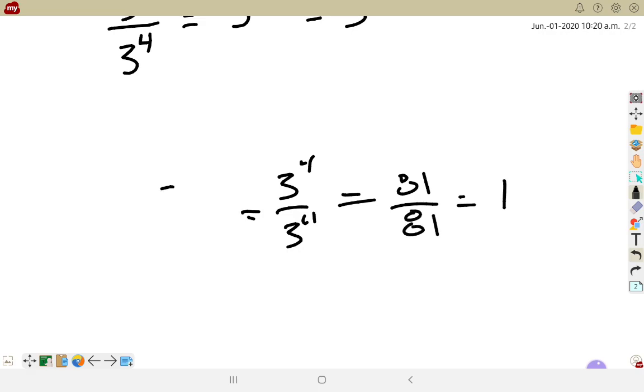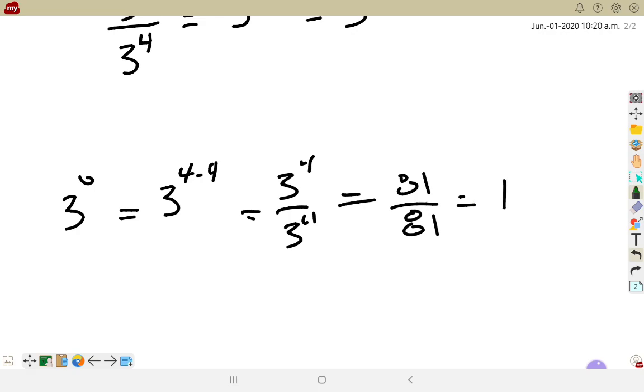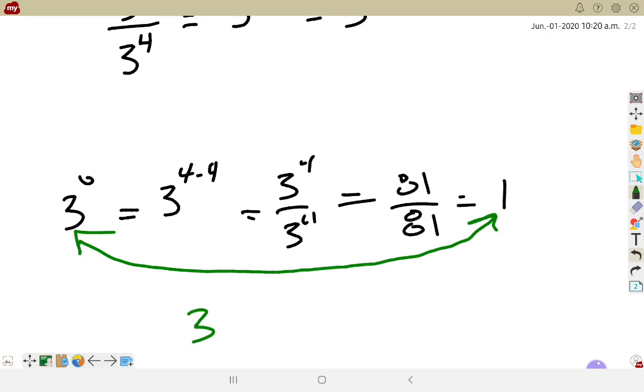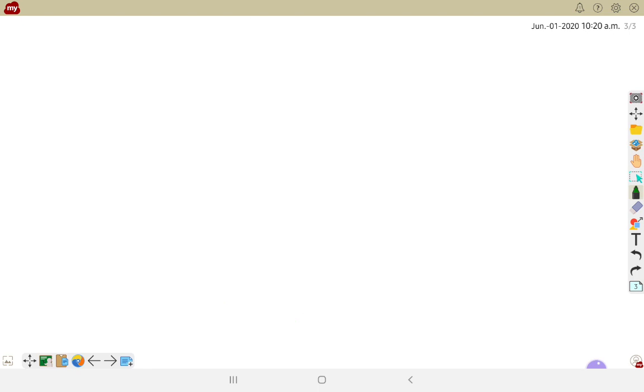I also said another way I could write it is 3 exponent 4 minus 4, and that's 3 exponent 0. And the way equal signs works is everything here is equal to its neighbor. And so I can move from 3 exponent 0 all the way over to 1. Okay? So anytime we have a 0 exponent, we get 1.